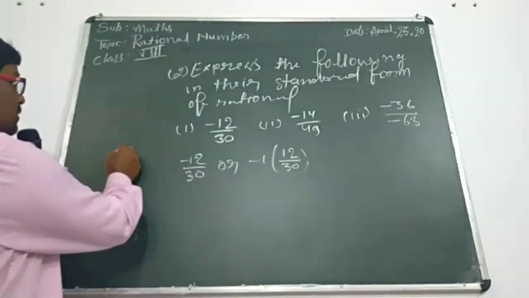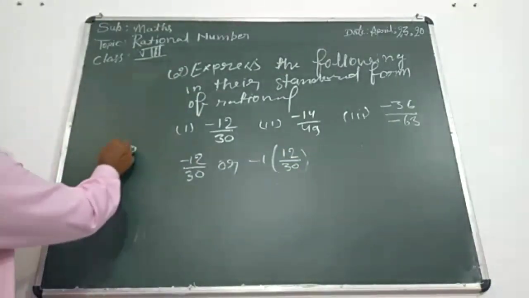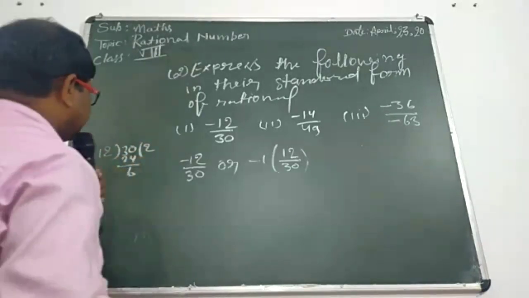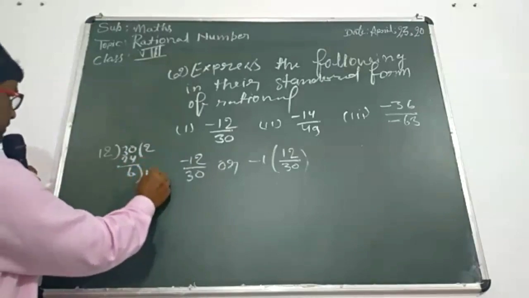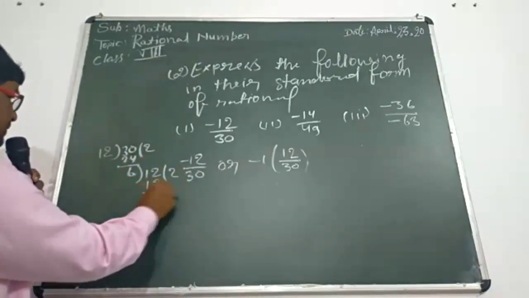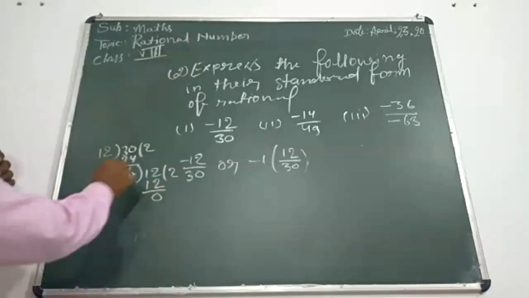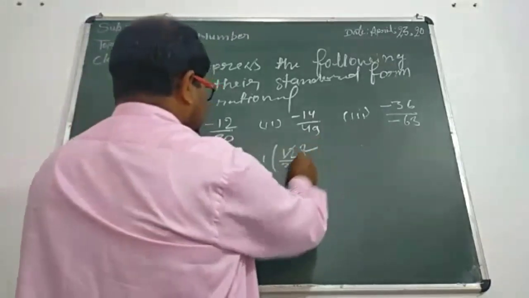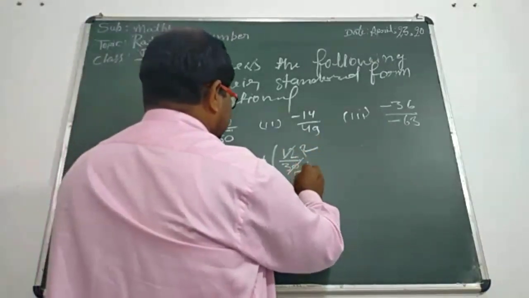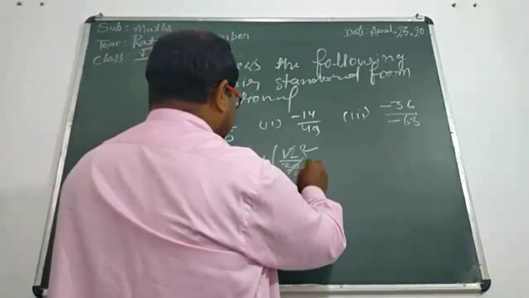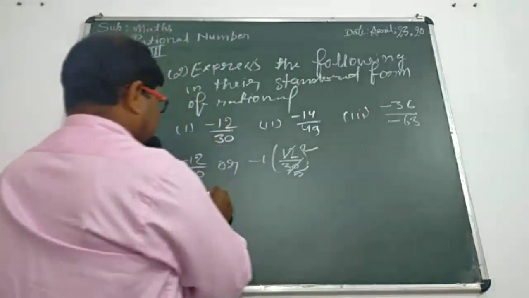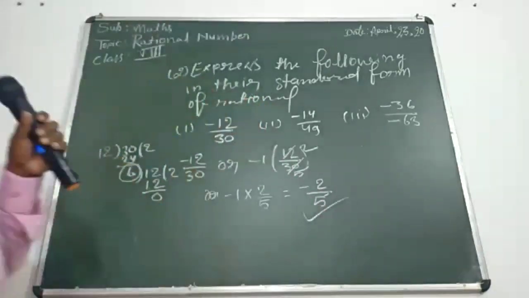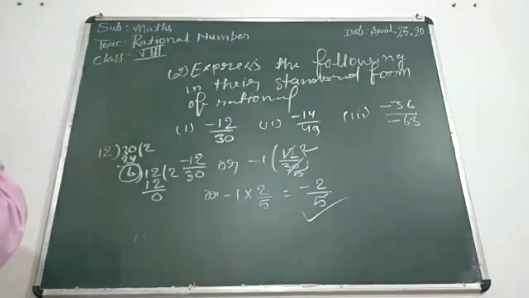Now HCF of 30 and 12: 12 twos are 24, remainder 6. Now 6 twos are 12, remainder 0. Last divisor is 6, so 6 is your common divisor. 6 twos are 12, 6 fives are 30. Now minus 1 multiplied by 2 upon 5. You can write here minus 2 upon 5. That is the standard form of the rational number. Understood?